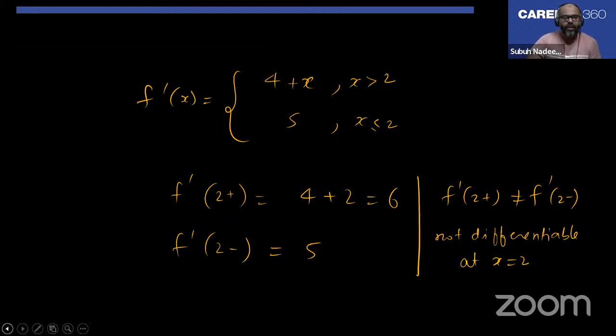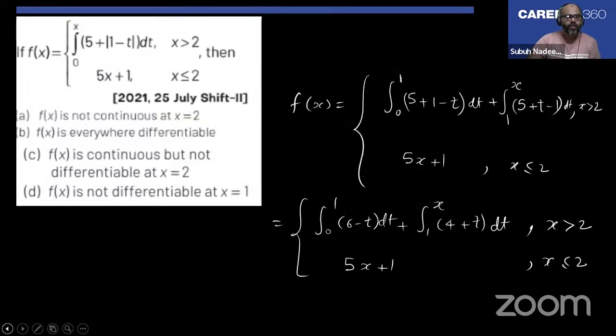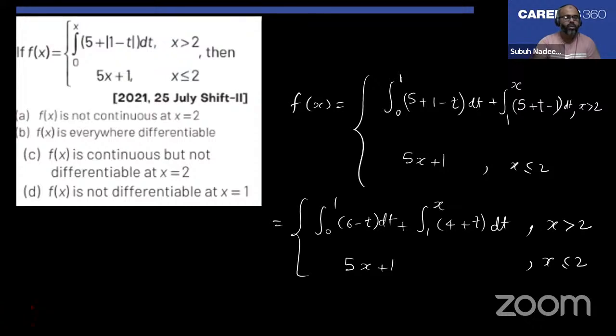So which option is correct? f(x) is not continuous at x equal to 2. This is wrong because it is continuous everywhere, and at 2 also. f(x) is everywhere differentiable. It is not true because at 2 it is not differentiable. f(x) is continuous but not differentiable at x equal to 2. That is correct.